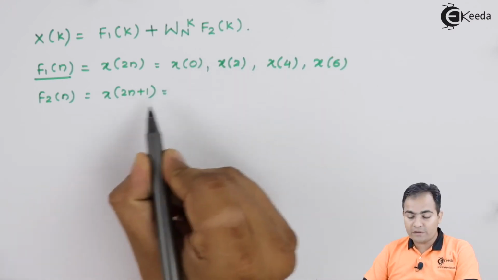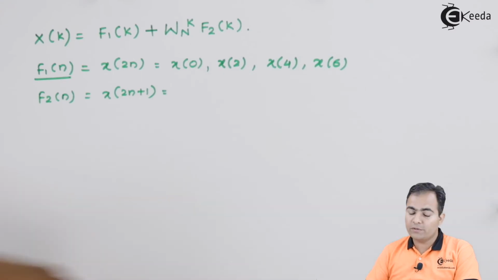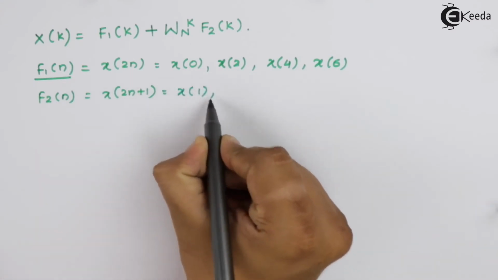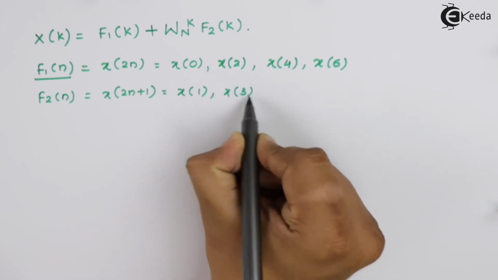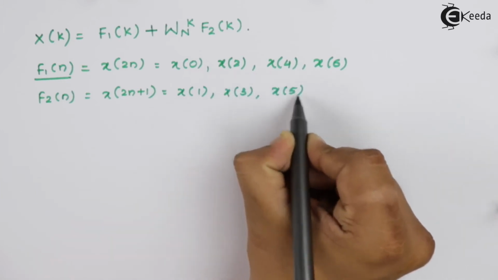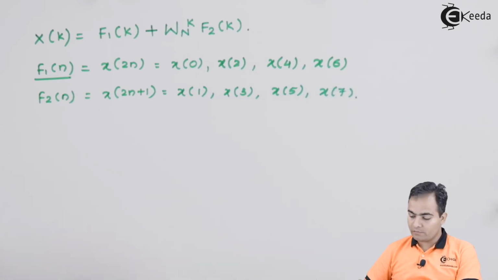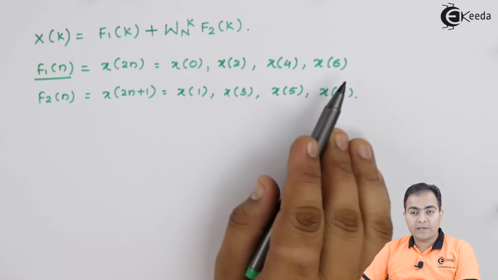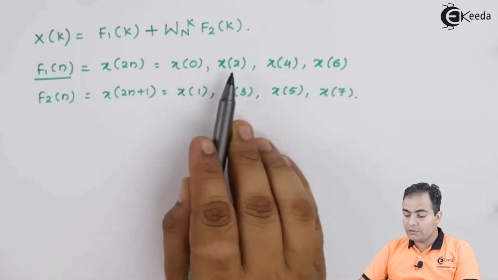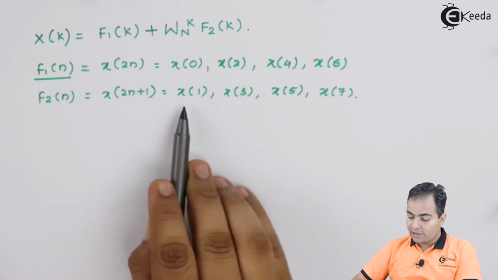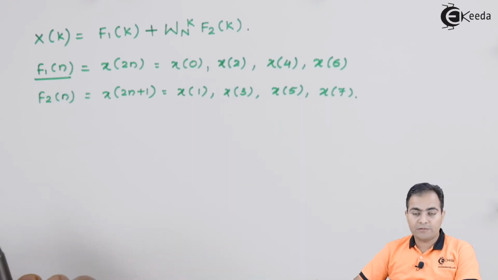If we add 1 to each and every sample, you will get the answer for the odd ones. So from this you can say that you will get the values for 0, 2, 4, 6 in f1 of n and 1, 3, 5, 7 in f2 of n.